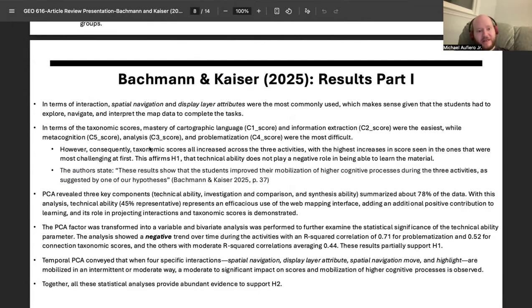However, consequently, taxonomic scores all increased across the three activities, with the highest increases being seen in the ones that were the most challenging at first.